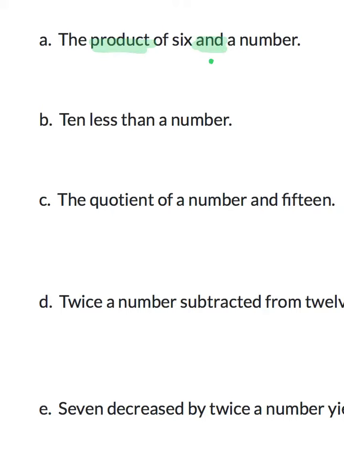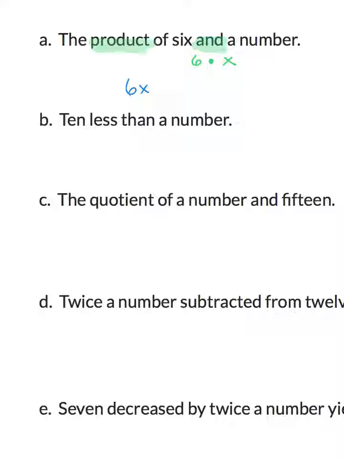I have a 6 in front of it, and then after it, a number. This means x. I didn't mention that earlier, but when you see the phrase "a number" or "the number," it's the same thing as the variable. So our expression is going to be 6x, and we're done.